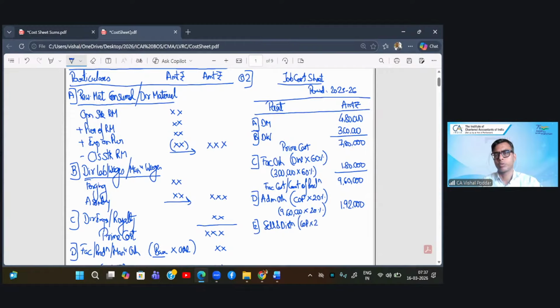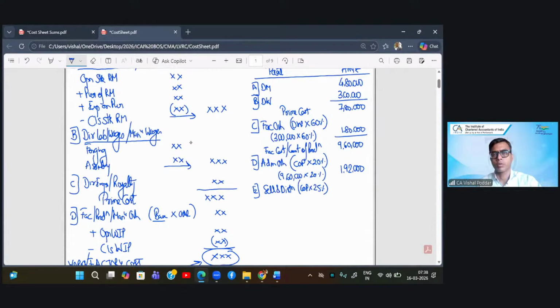It is how much? 25% into cost of production. So it will be 240. Correct? So my COS is 1392.